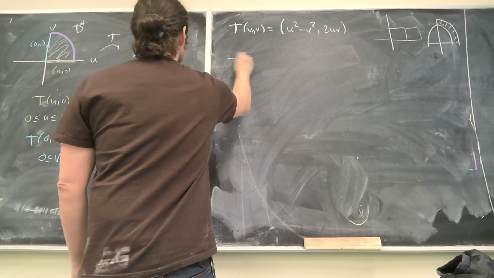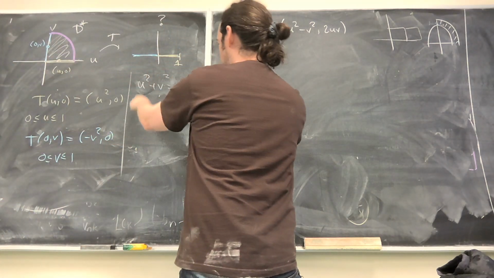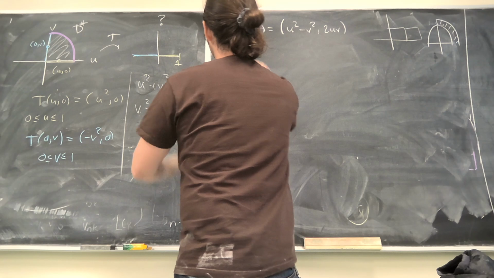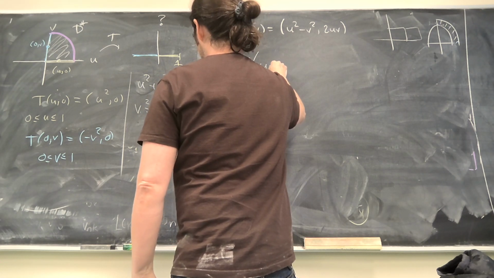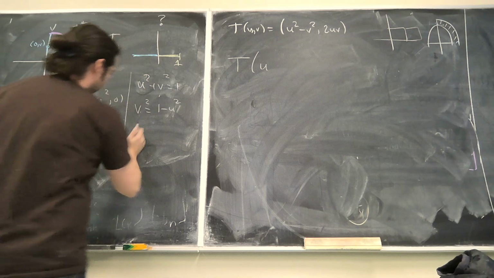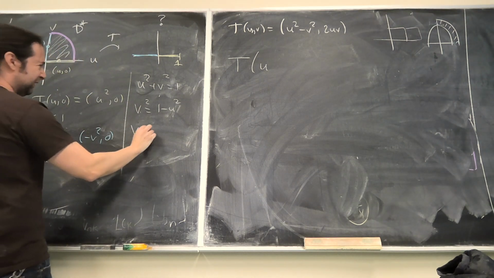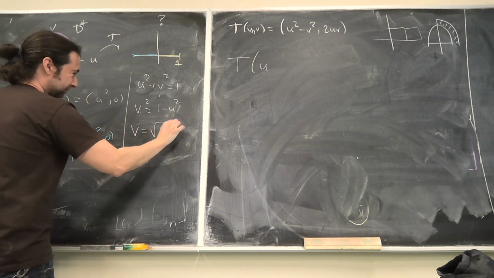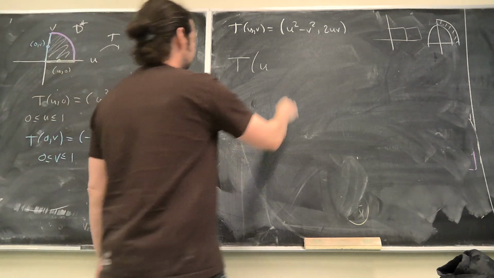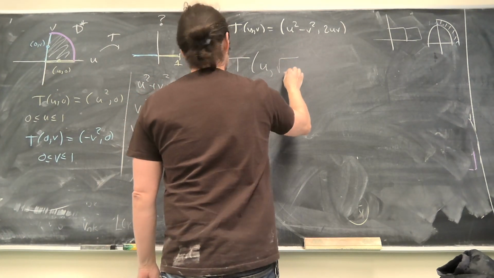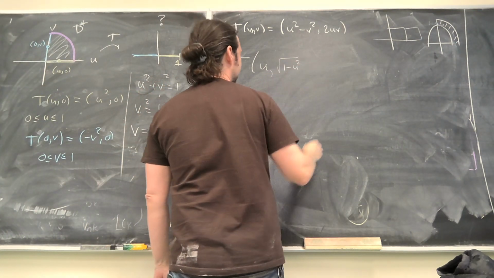So T on that chunk right there where v squared is equal to 1 minus u squared, I think we're calculating T of, I have to put a square root in there. v is equal to the square root of 1 minus u squared. That's the v variable on that curve. So we're calculating T of (u, the square root of 1 minus u squared).